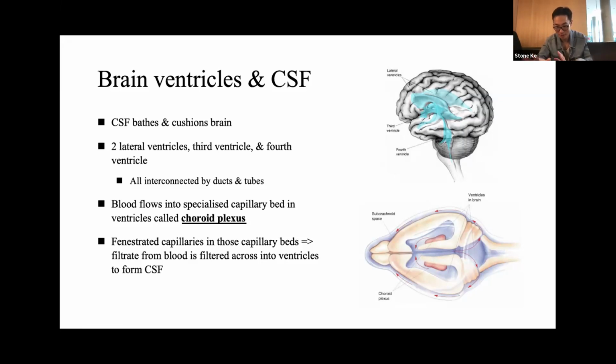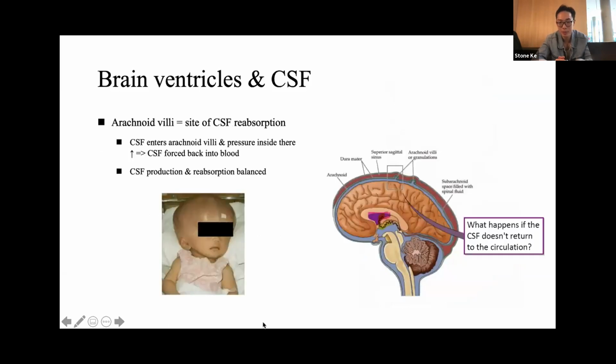I won't really go into that because it's not on the slide, but it's kind of this outer area just bathing the brain. It's like a cushion. It helps protect your brain. Next slide. It is reabsorbed. If you look there at the top bit, the arachnoid villi, right? So this is a little projection into a big blood vessel there called the sagittal sinus, there you go.